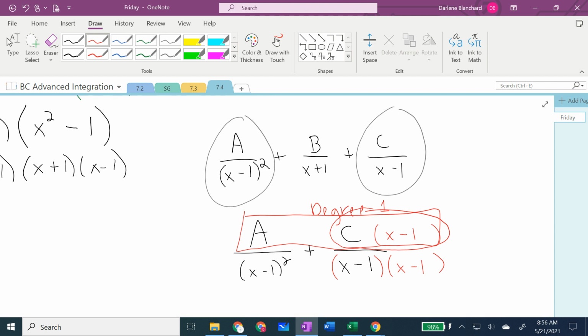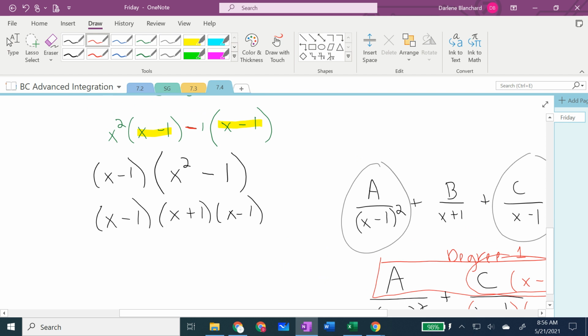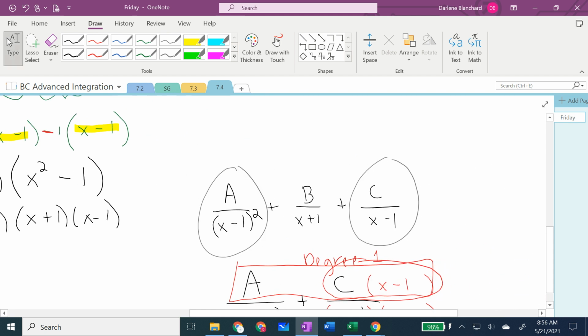It's just a way. And it's convenient for integration. So what you want to remember is, even if you have repeated linear factors, if the core of that denominator is a linear factor, you only need a constant above it.